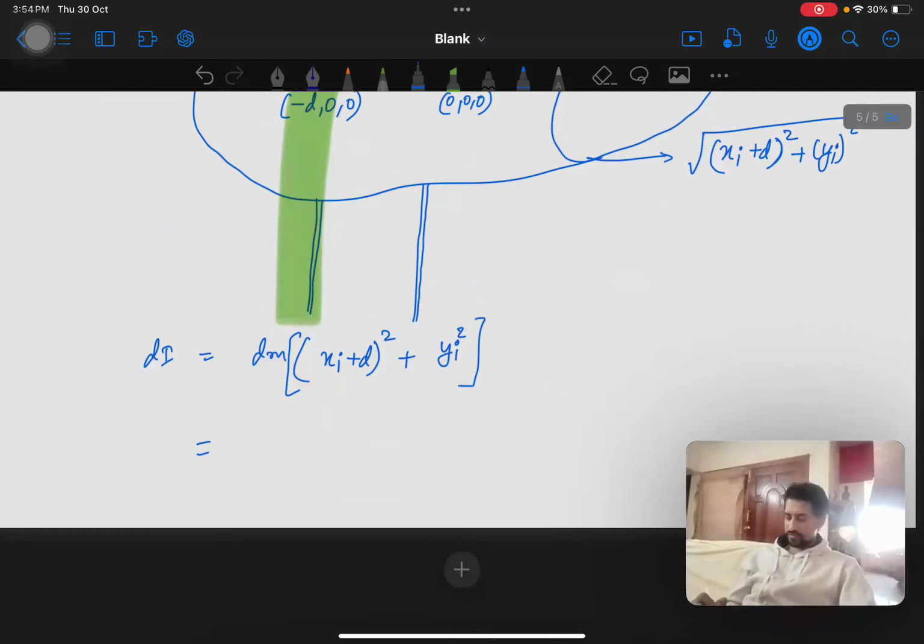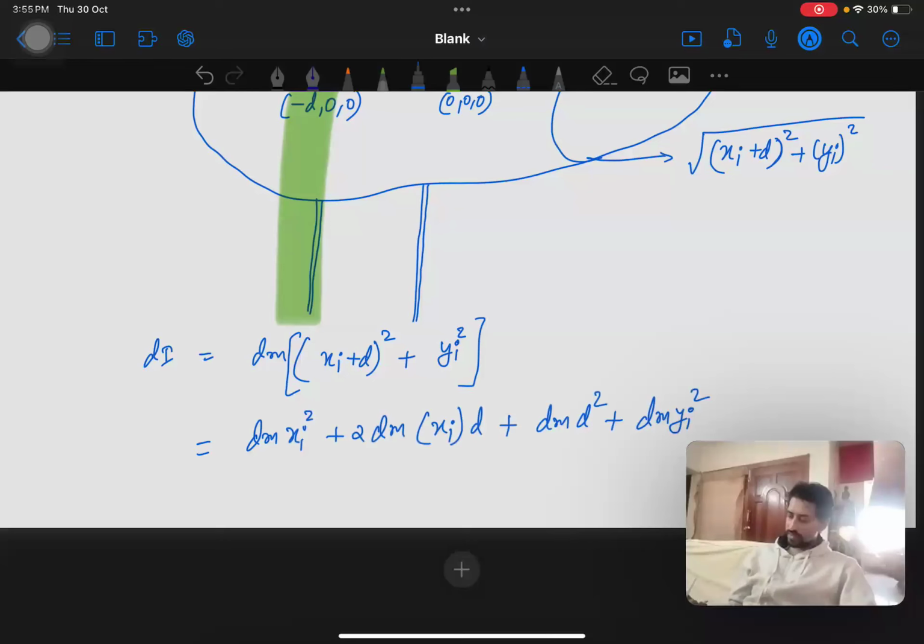And let's open up the bracket term. What do you get? dm xi square, correct? Plus dm into 2 into xi multiplied by d, correct? Plus dm multiplied by d square plus dm multiplied by yi square.